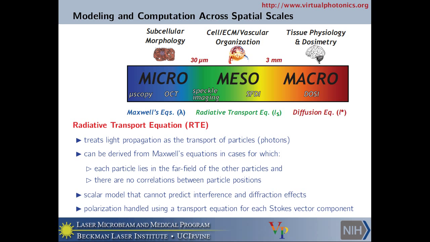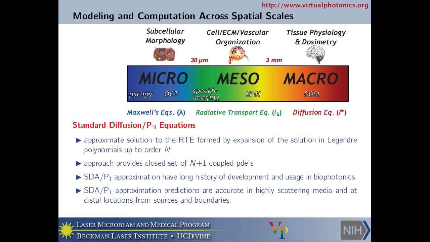And so that has led the field, at least especially in the early days, to seek analytic approximations to the radiative transport equation that can be solved much more easily and much more rapidly. And these are known as the standard diffusion equations or the standard diffusion approximation or PN approximations. PN approximations are a little bit more general and more powerful than standard diffusion approximation, which we'll talk about in a sense.